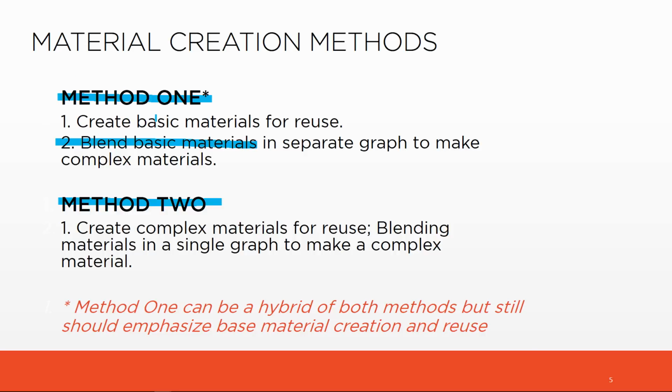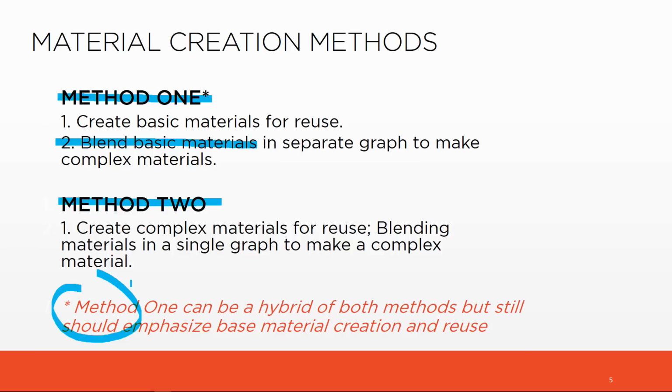Method 1 is more of an atomic approach, where you're going to break the basic material down into a single graph for each type of material. Whereas with method 2, we may do a little bit more layering to our material creation, all within a single graph. That's why I like to emphasize that method 1 can be a hybrid of both of these methods.